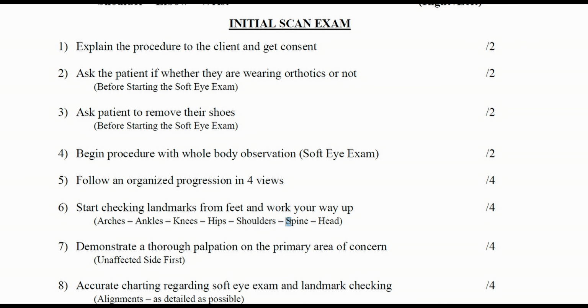After that, you can look at the head and shoulder relation, and then on the lateral aspect, I want you to check the lumbar curvature, thoracic curvature, and cervical curvature as much as you can see. Especially lumbar and thoracic curvature might not always be obvious from the soft eye exam. That's why you need to assess that hands-on. So we're checking the curvatures, whether they are hyper, hypo, or normal.